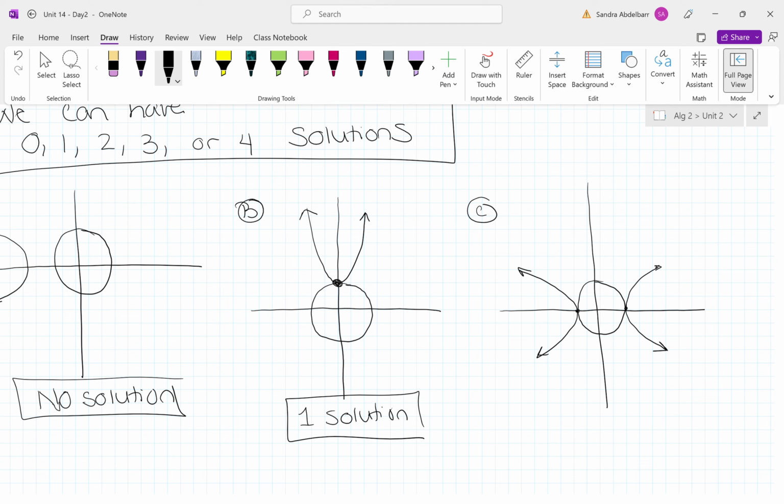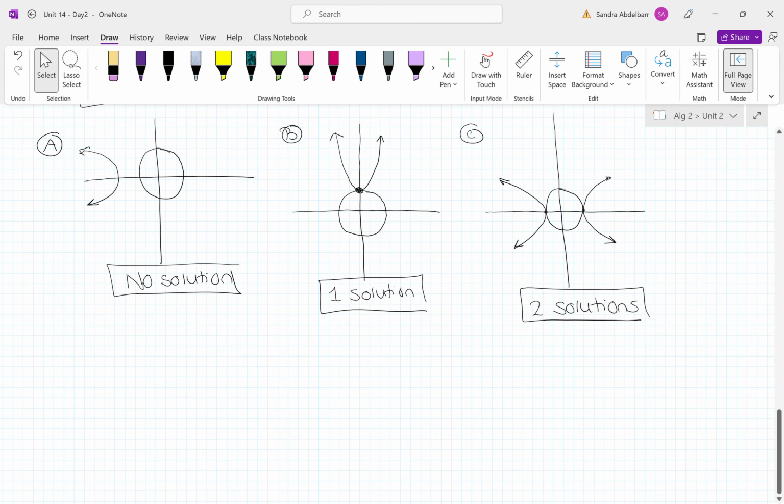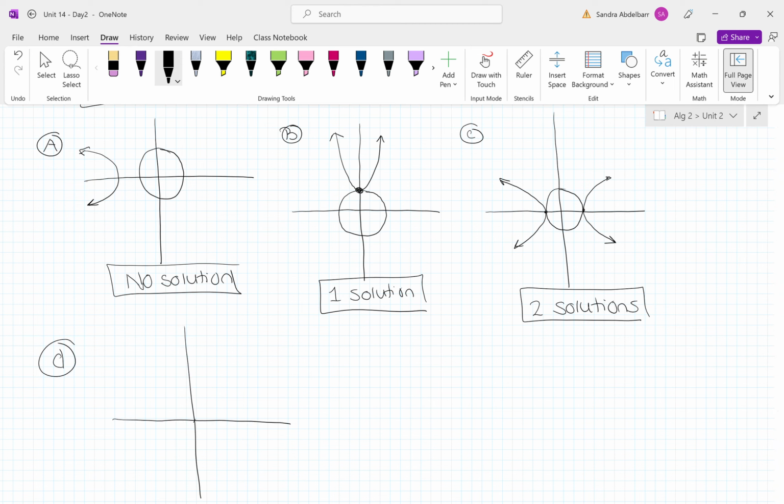How many solutions here? Oh, it's really bad drawing.